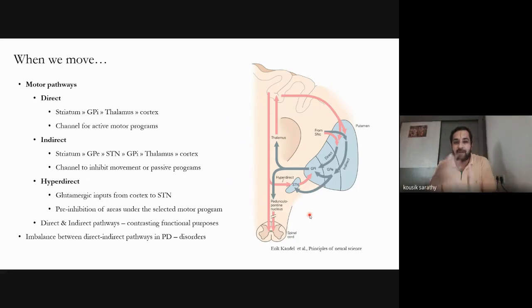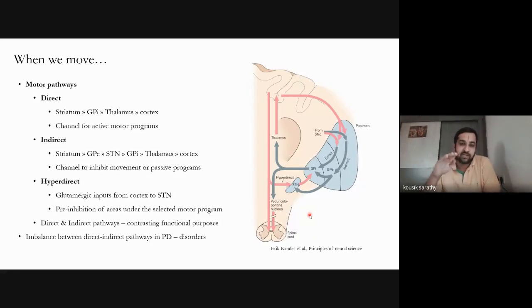If you look at motor pathways, there are broadly three in kind. There has been a lot of churn in this understanding of motor pathways itself. Now we don't know anything yet, but the strongest hypothesis points towards three pathways: the direct, indirect, and the hyperdirect pathway. The direct pathway is a channel for active motor paradigms.